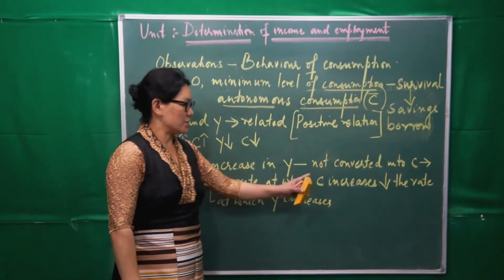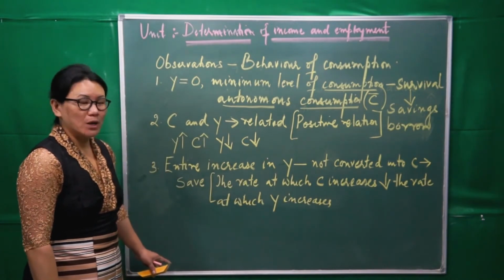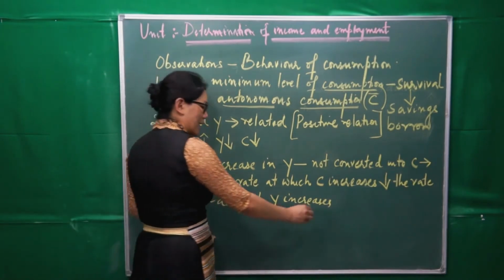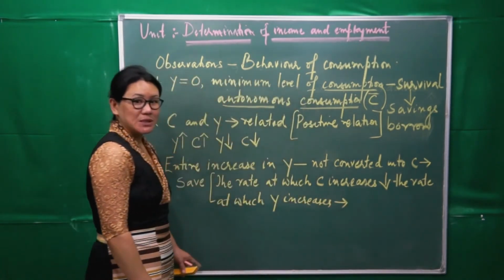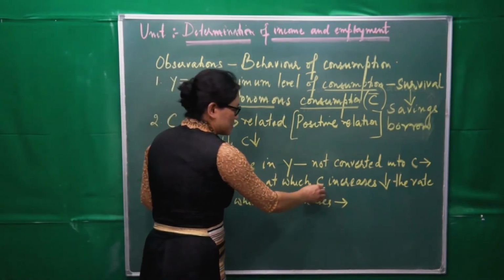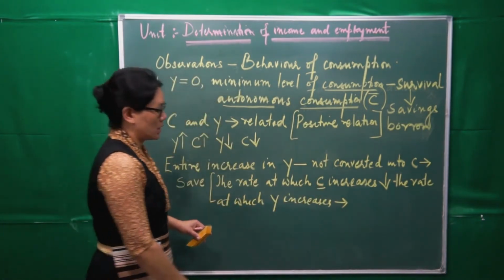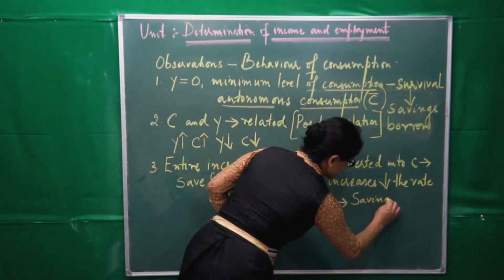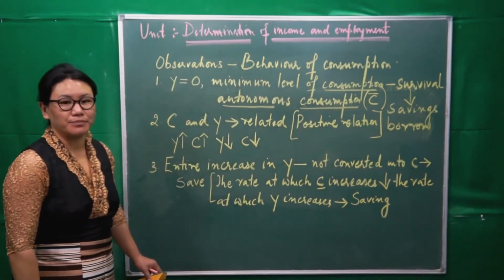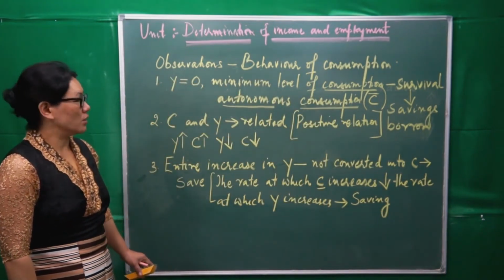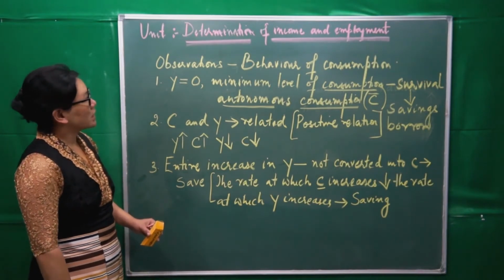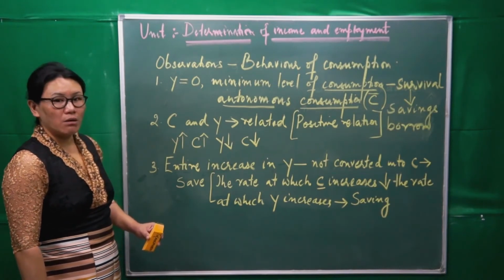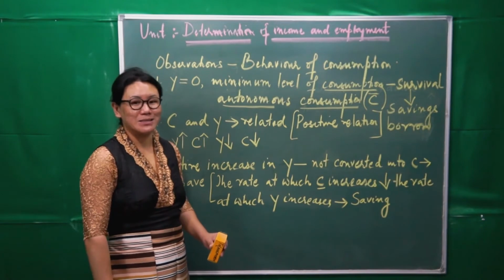So what happens here? If income is increasing, consumption is becoming low. What do the people do? It shows they will save. All right. So these are the three important observations that we can draw from the behavior of consumption here.